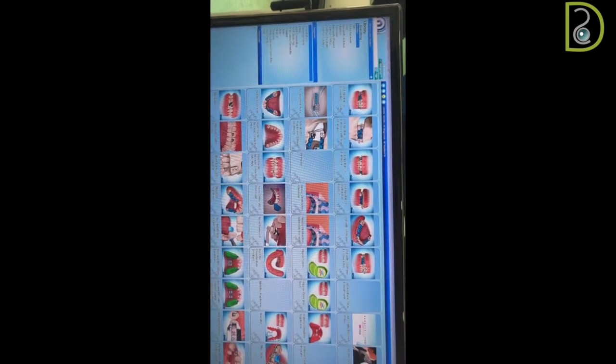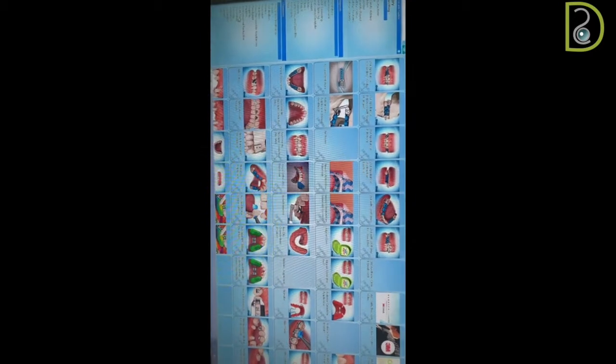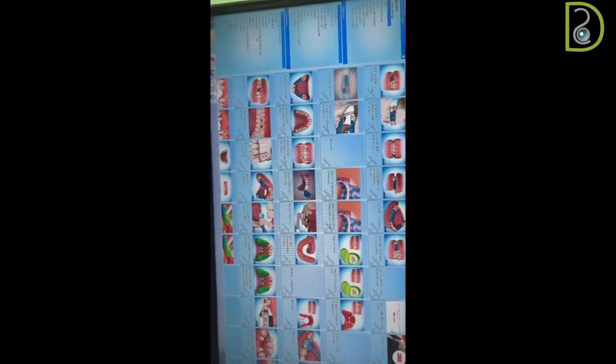Now, let's say that the patient has class 3, but the problem with the class 3 is not in the maxilla, it is in the mandible. There is an appliance called the chin cup. But I don't use it.